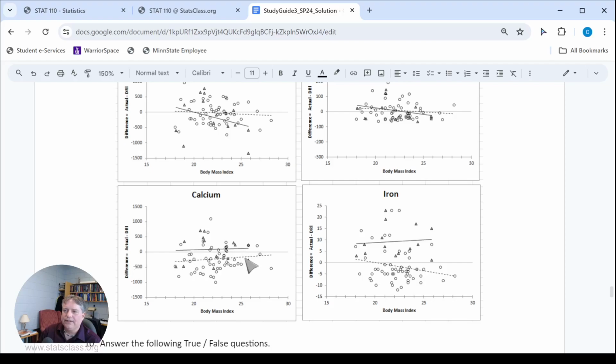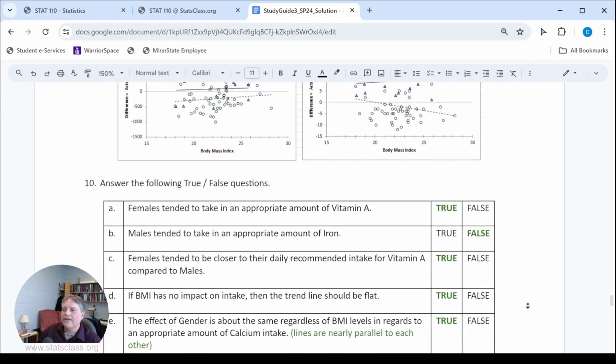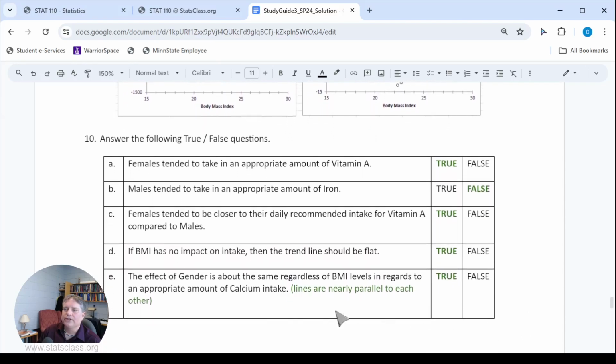It's pretty close to the same whether you're at low BMI or high BMI. It might be a little bit smaller here, but generally, if these two lines are parallel to one another, then the gender effect is going to be the same, regardless of BMI. So what we're looking for there is, are the lines close enough to parallel to one another?